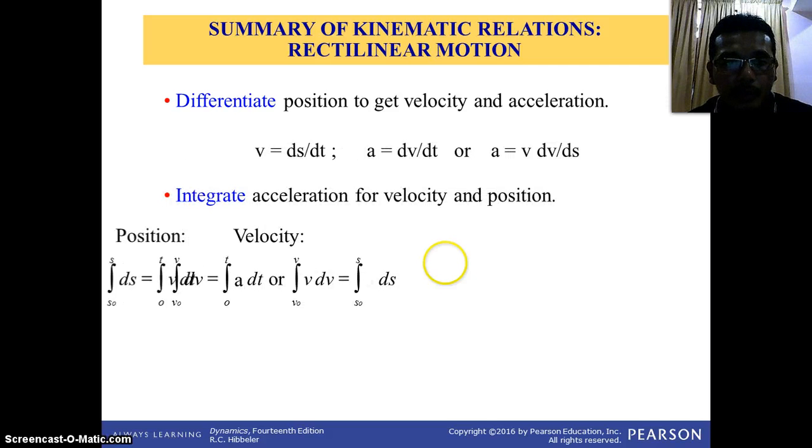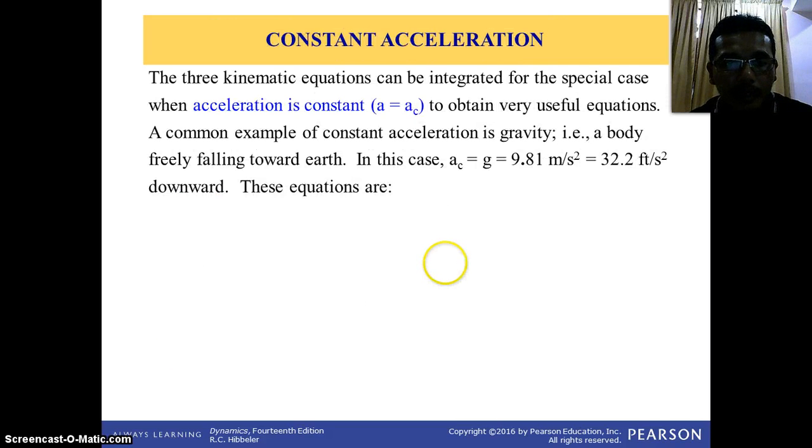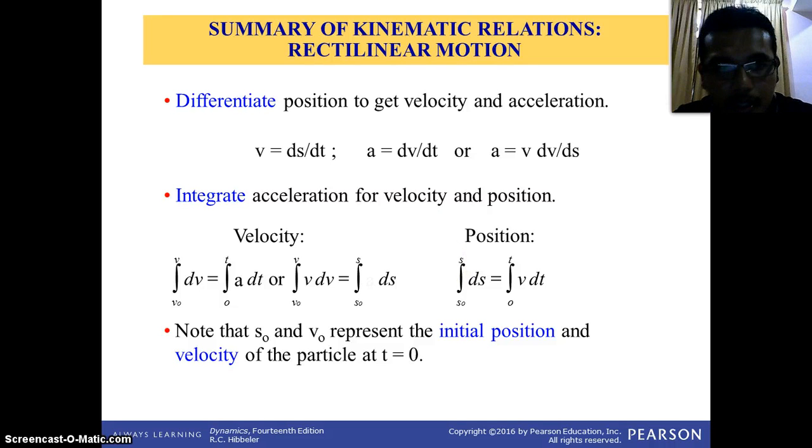We just want to make a summary of these kinematic relations. Velocity is the change of displacement over change of time, v equals ds over dt. a is dv over dt, and a is equal to v dv over ds. If you differentiate the position, you get the velocity.